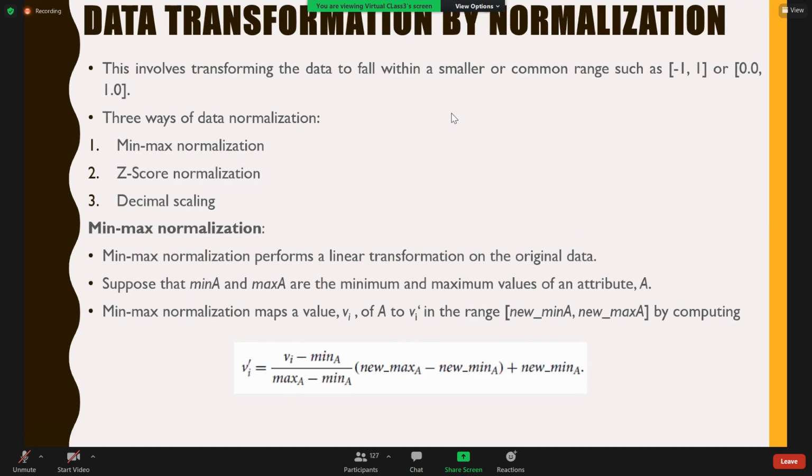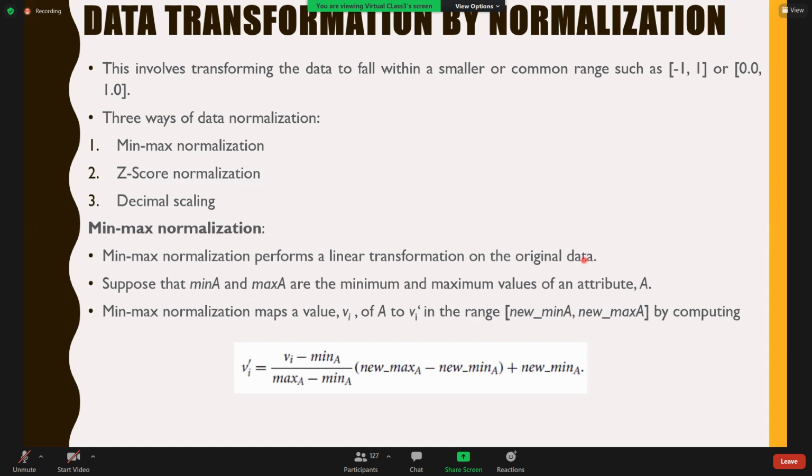We have three normalization techniques: min-max normalization, Z-score normalization, and decimal scaling. The first one, min-max normalization, will linearly transform the data. A linear transformation is applied on the original data.